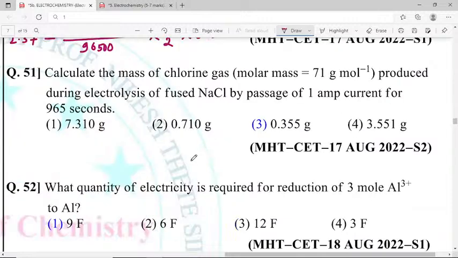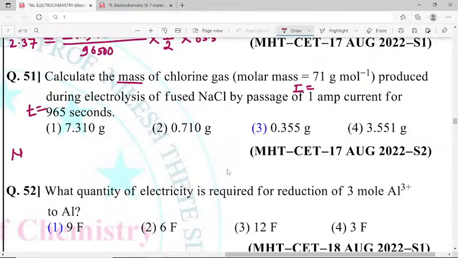Next, calculate the mass of chlorine gas. So mass of chlorine gas, W, we have to calculate. Current is 1 ampere and time is 965 seconds. So what is the formula?